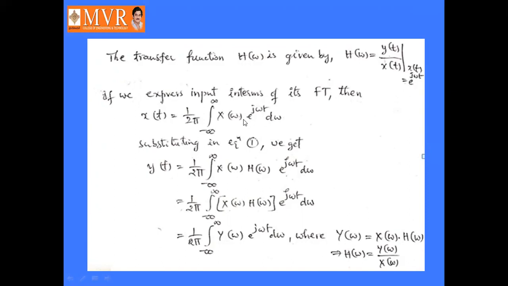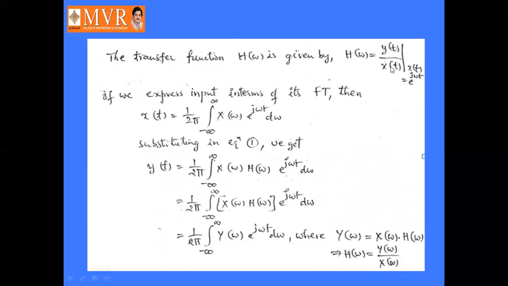Substitute this entire value in equation number 1, so that y of t becomes 1 by 2 pi integral from minus infinity to infinity of x of omega into h of omega into e power j omega t d omega, right? But the product of x of omega and h of omega will be considered as y of omega, where y of omega is x of omega into h of omega, or h of omega is y of omega by x of omega.